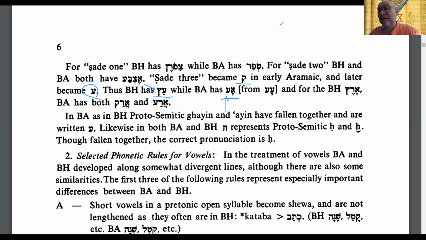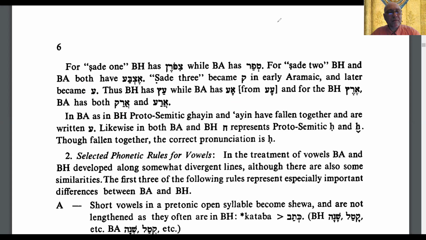I guess we'll have to figure that out because I'm just learning this too, along with all of you. So from Biblical Hebrew we get eretz. Okay, that's land. Biblical Aramaic has both arak and ara. Isn't that something? Okay.